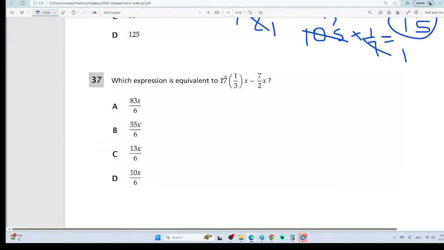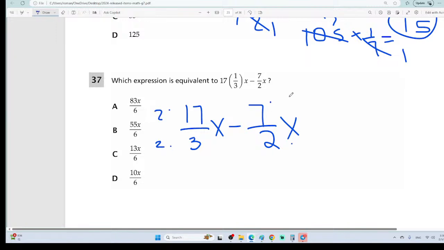Okay, this is relatively easy. 17 times 1/3 times x. We just multiply. It's going to be 17 over 3, just like you did, x minus 7 over 2x. And we just do them like we do any fraction. So this and this we're going to do times 2.